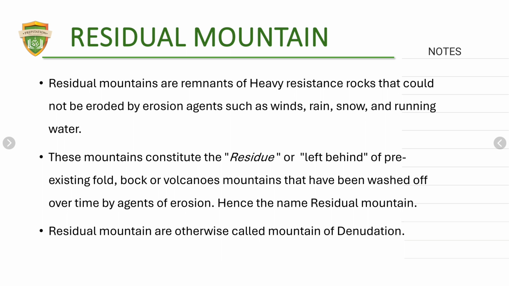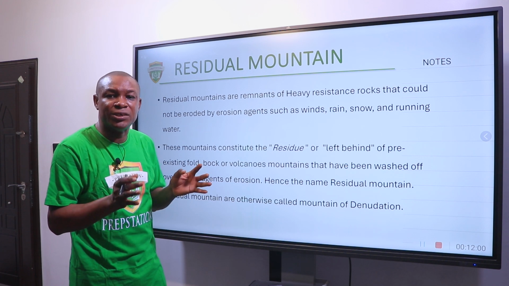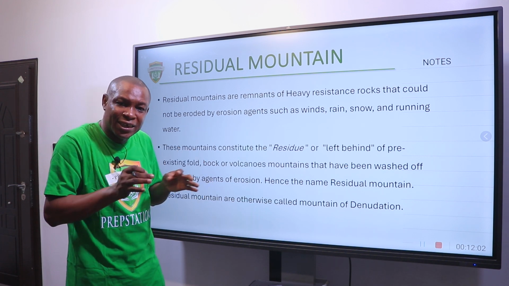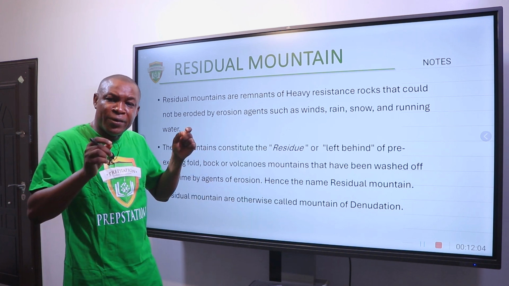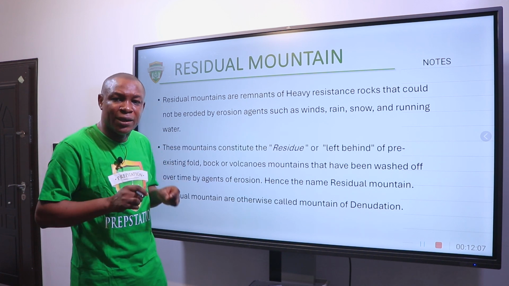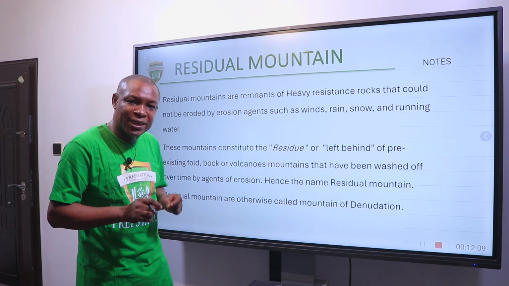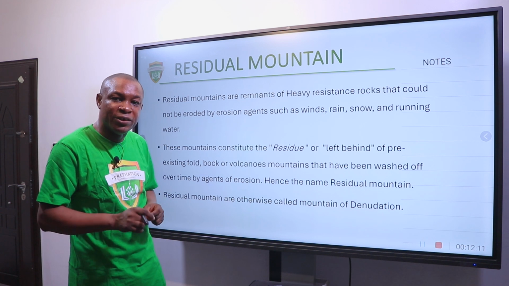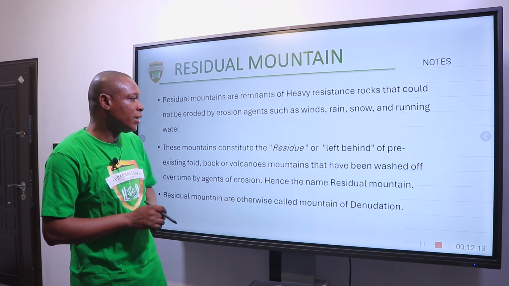The mountain constitutes the residue, hence the name residual mountain. This type of mountain is the resistant remnant of an already existing mountain. That's why we call it residual mountain.